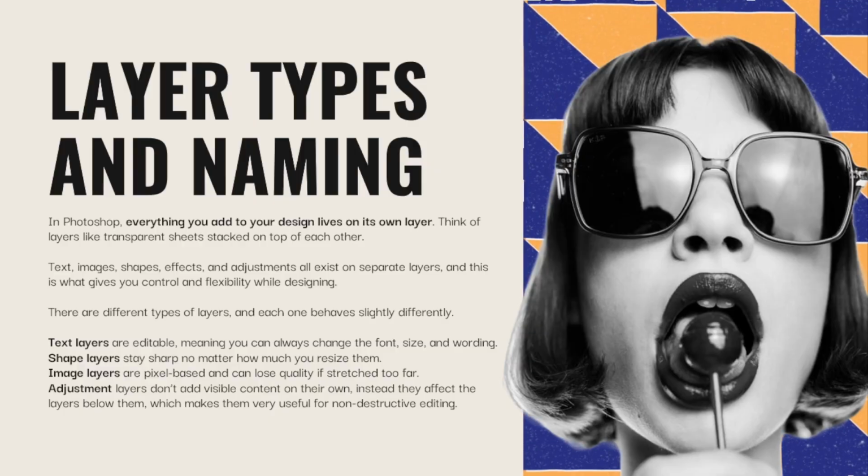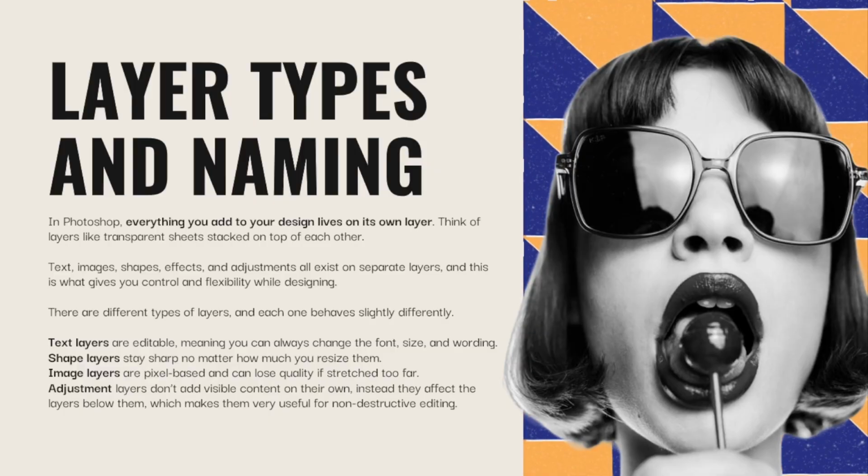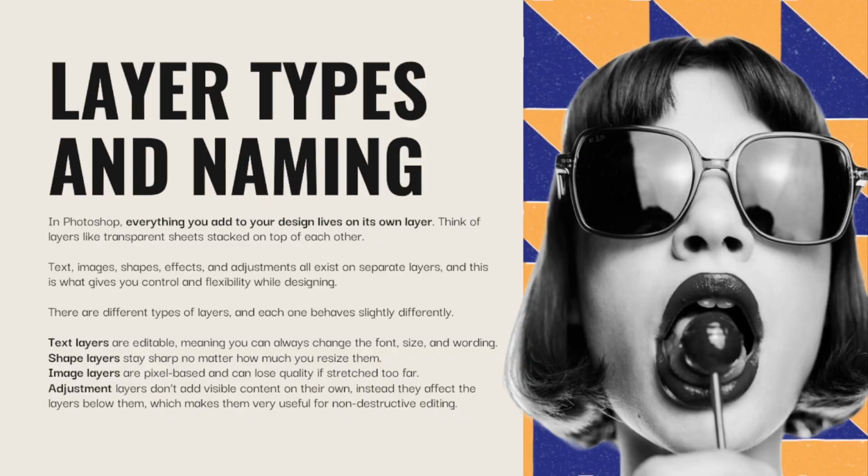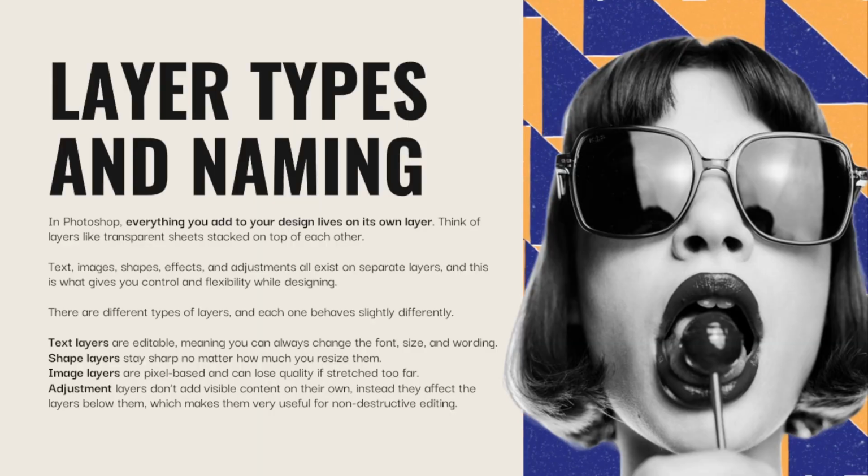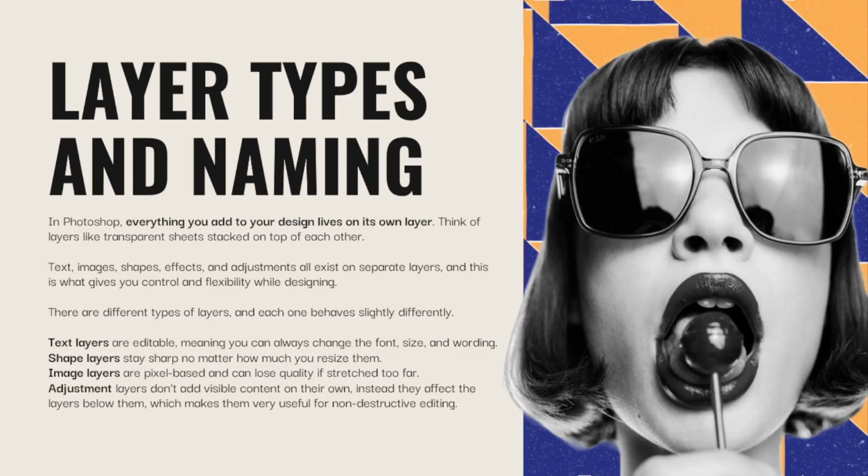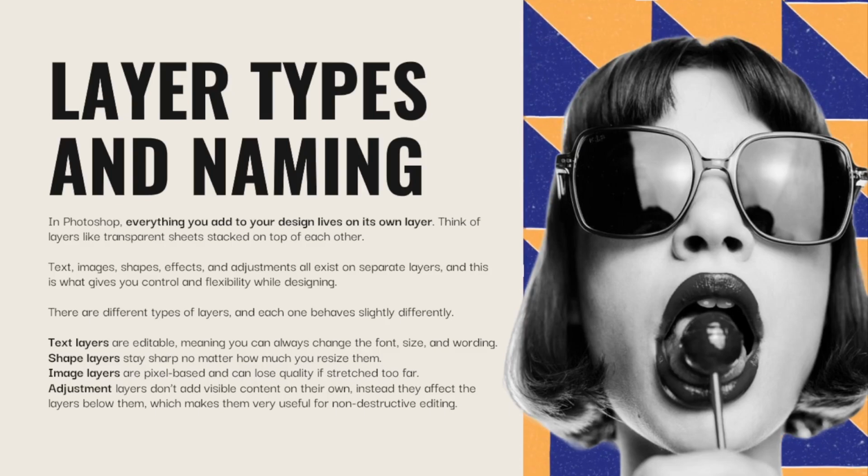Layer types and naming. Now in Photoshop, everything you add to your design lives on its own layer. I kind of explained that in one of the previous videos where we were drawing a couple of rectangles. Now, how should you see layers? Think of layers like transparent sheets of paper, stacked on top of each other.